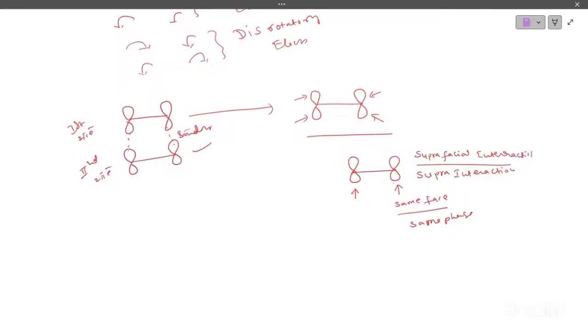Alternatively, the same pi component may participate with these two lobes, which is also a suprafacial interaction.